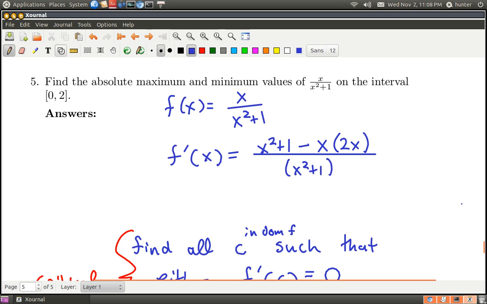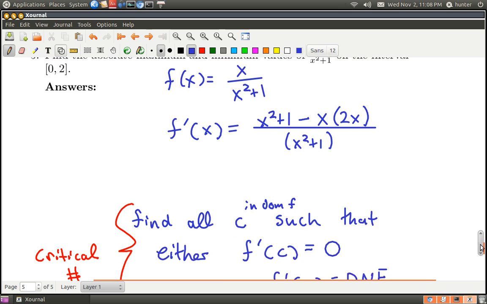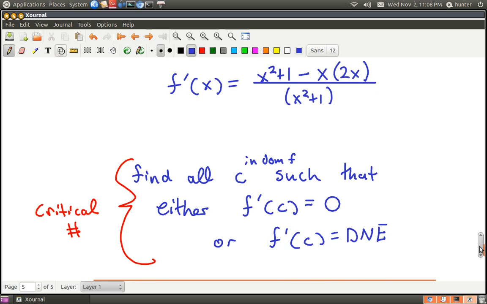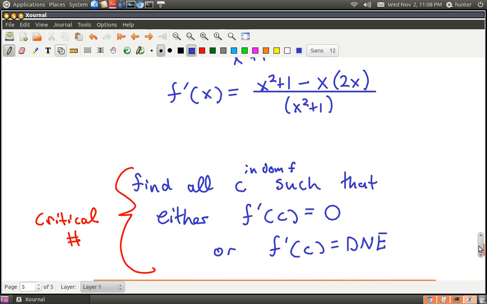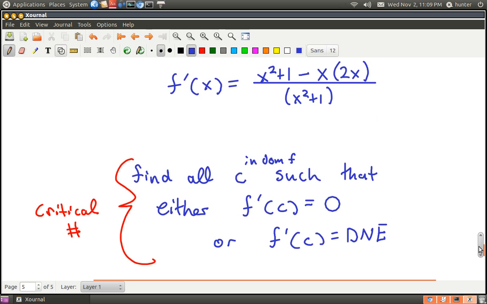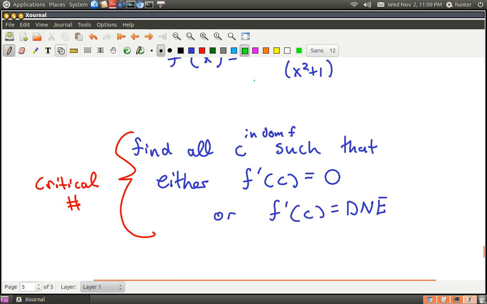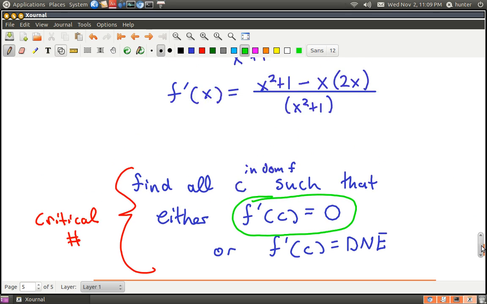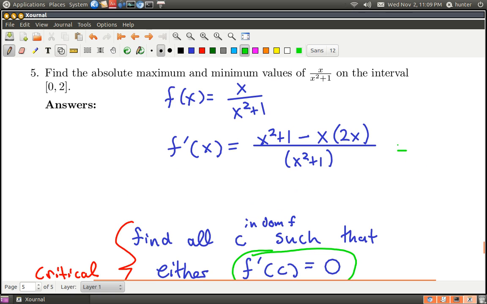Great, so I actually have to do some algebra here. That means I'm going to have to simplify, which I almost never do. But it says that I'm going to have to solve the equation that comes from setting this equal to 0.